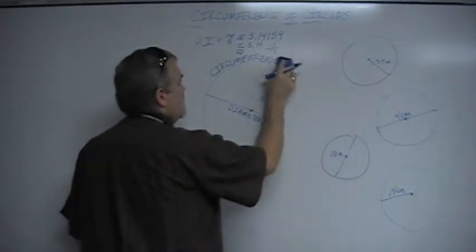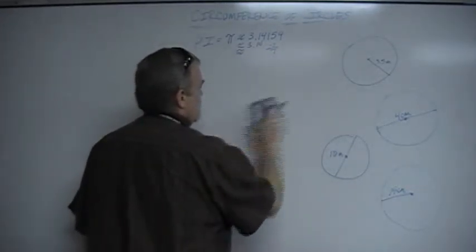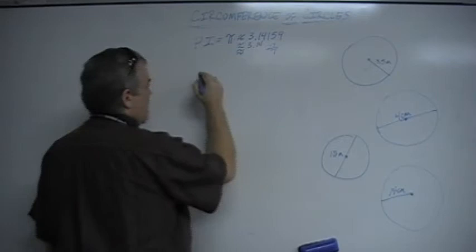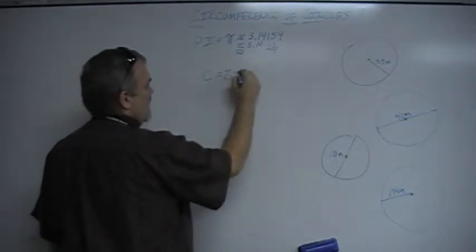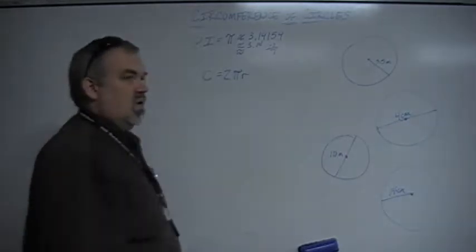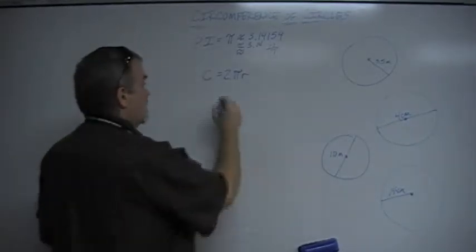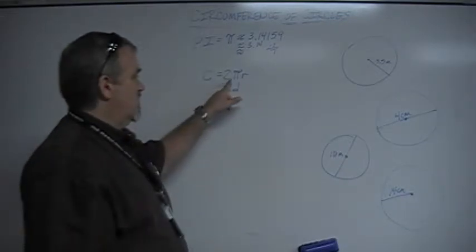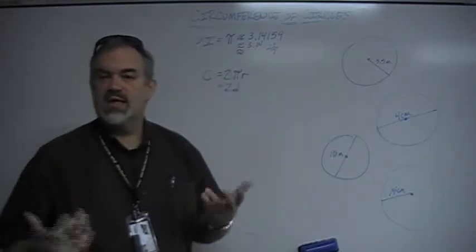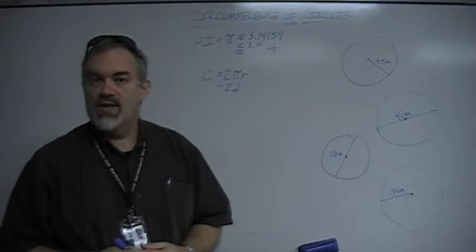So another way to put this is that the circumference of a circle is equal to 2 times pi times the radius, or pi times the diameter. This is the one we keep in mind, 2 times pi times radius, because we're often given the radius rather than the diameter.